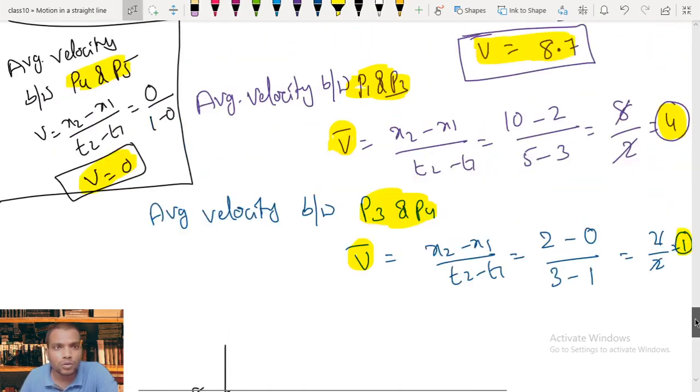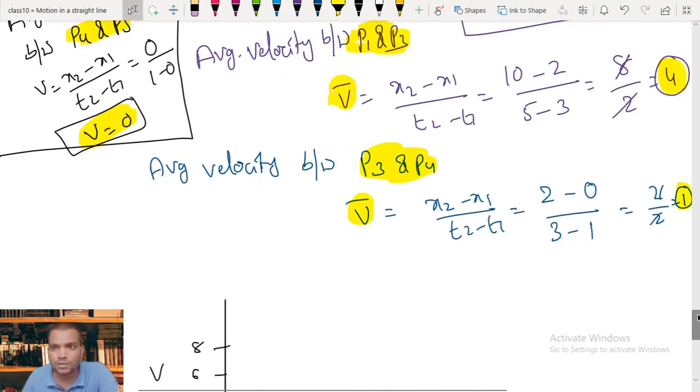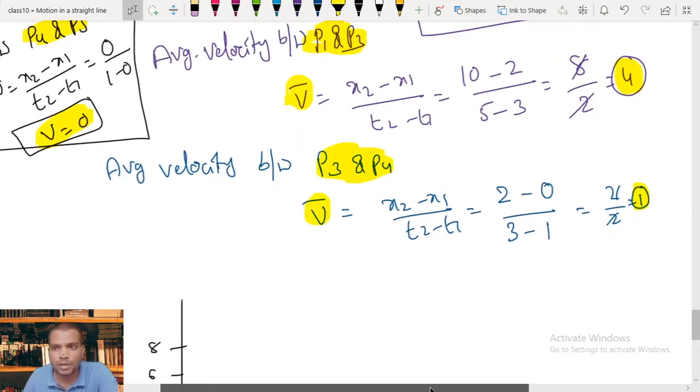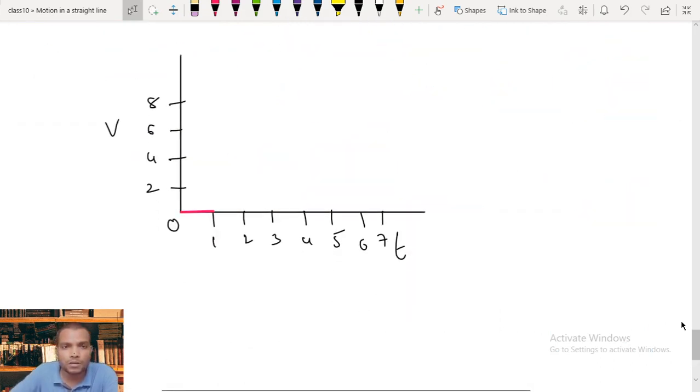And between 1 to 3, so 1, 2, 3, it means from here to here, between P4 and P3, the velocity I got is equal to 1. So between 1 to 3 the velocity value equal to 1. Suppose here you can take the value of 1.